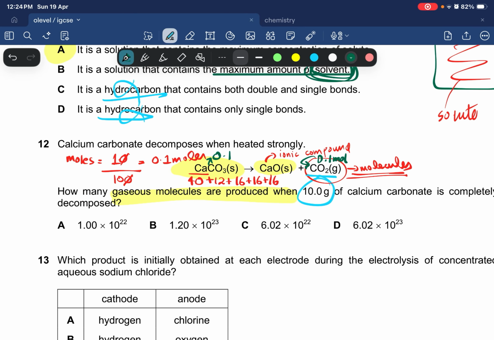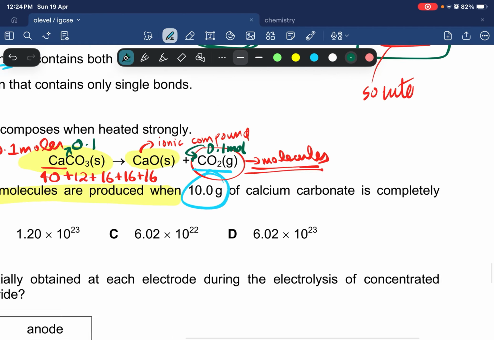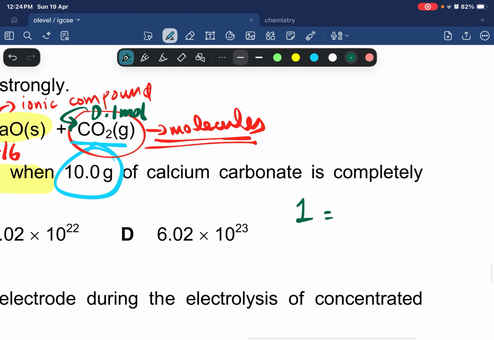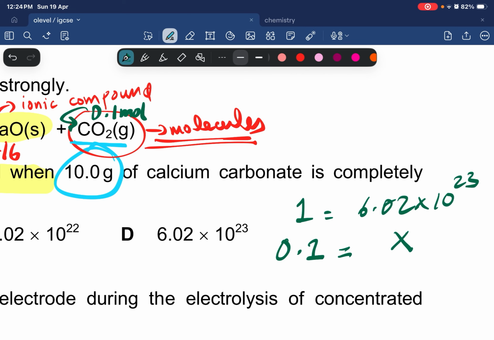So now we know that 1 mole of anything contains 6.02 into 10 exponent 23 particles. So if you have 0.1 of moles of carbon dioxide, we're going to have X amount of particles. Now we figure out the value of X. X equals to 0.1 into 6.02 into 10 exponent 23.